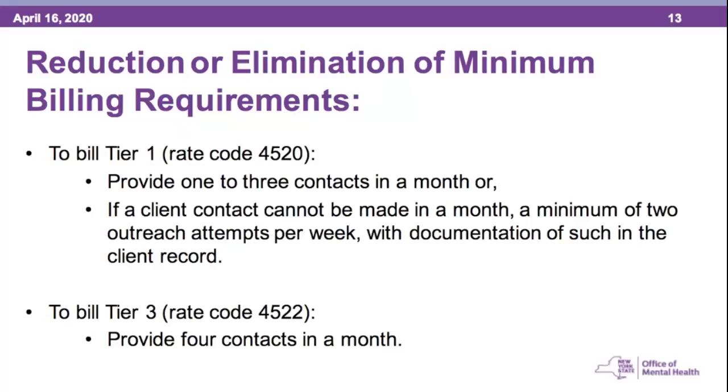The provider may alternatively bill Tier 3, which is rate code 4522, if they're able to provide 4 or more contacts in the month. So that's a different billing construct than traditional, and it allows these reduced contact standards to generate either a Tier 1 or Tier 3 claim for all PROS enrollees during the month of billing. If we could move to 14.